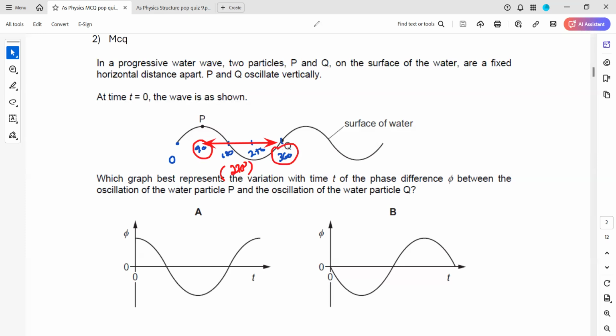Now, because this is a progressive wave, it will move. So let's say the new position of the wave is like this. The red line is representing the new position of the progressive wave.